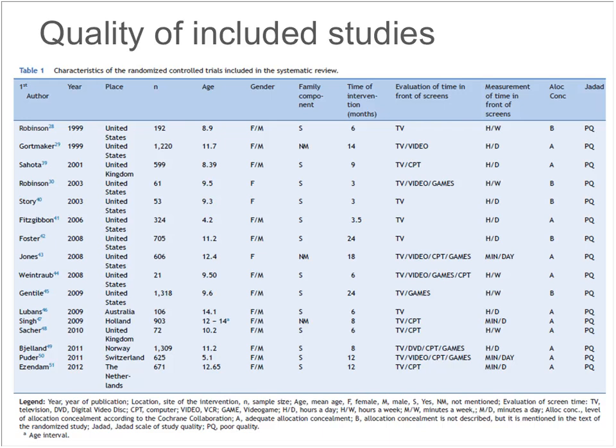How did they allocate participants to the intervention or control? How many people participated in the study? How many people finished the study, or in other words, what was their dropout rate? Are their data collection measures reliable and valid? All of those types of things we want to know.